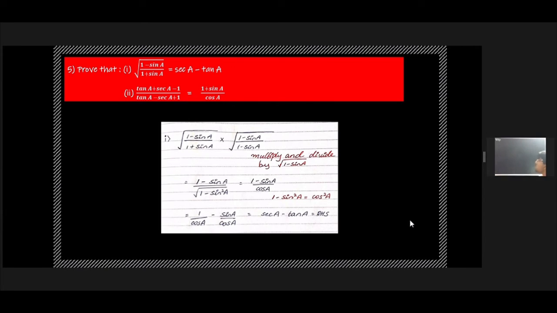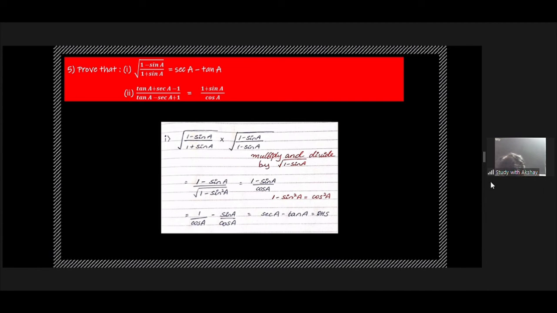Moving ahead with the second sub-question under the main question 5, we have tan A plus secant A minus 1 divided by tan A minus secant A plus 1. So in this case, we will be taking the LHS part and solving over here also.